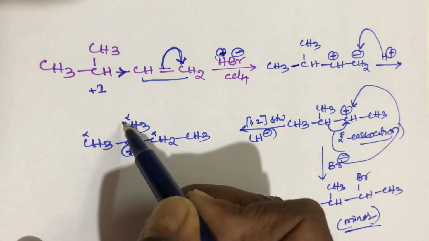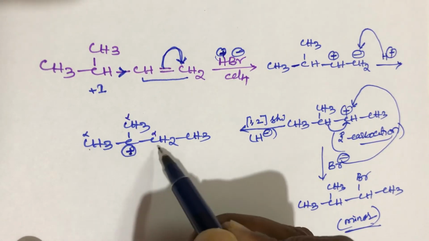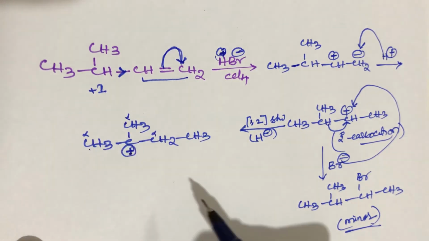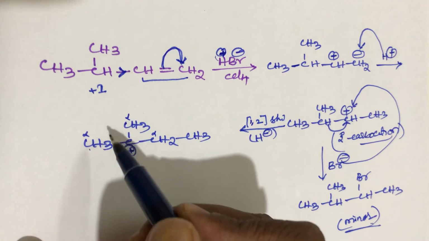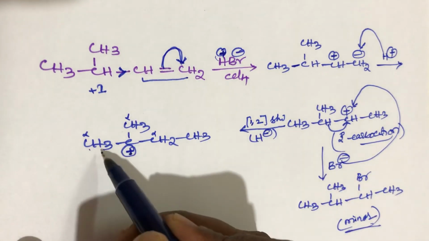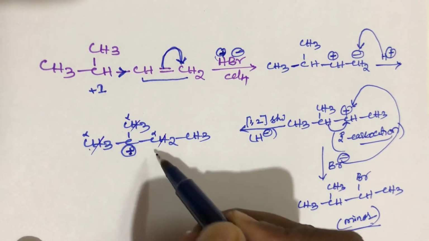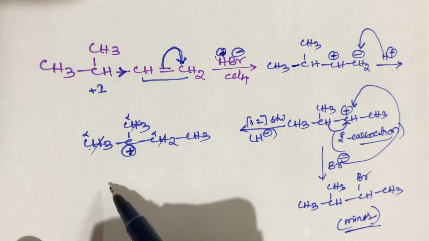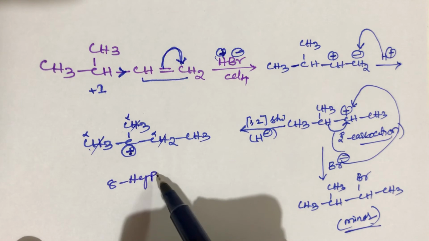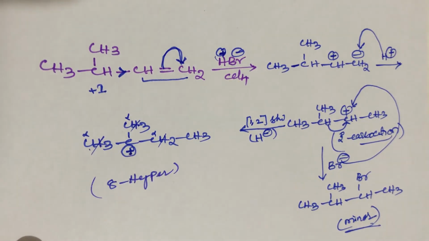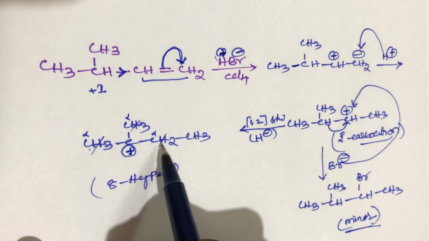Total alpha hydrogens are 3 plus 3 is 6, plus 2 is 8. So 8 hyperconjugative structures are present in the tertiary carbocation.